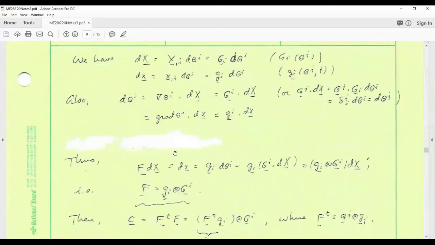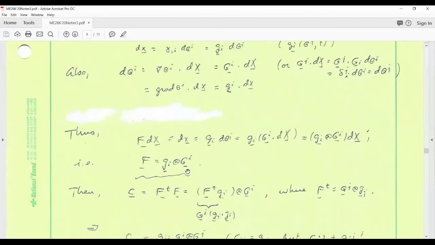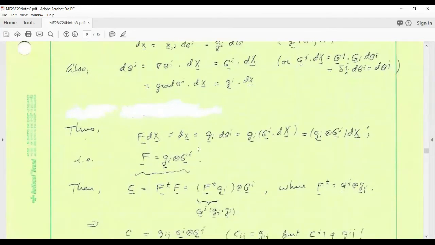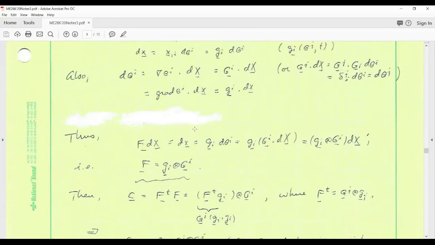Let's invoke the definition of the deformation gradient, F dX equals dx. Again, if you go back to the beginning of the course, that's just an application of the chain rule. Let's write d small x using this line here. And for the coordinate differentials, I'll use this formula here so that I can involve the d capital X. And now I recognize a tensor product here.